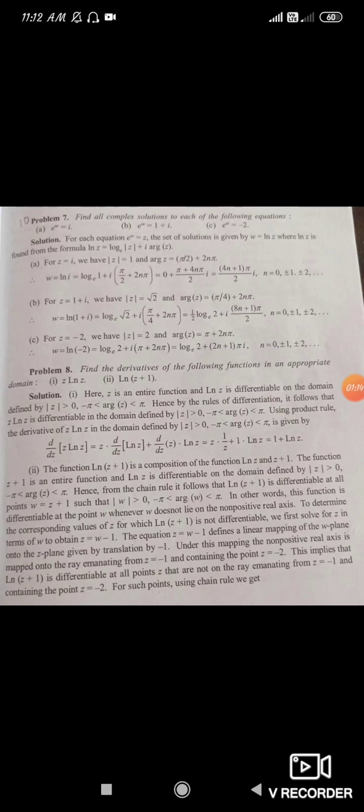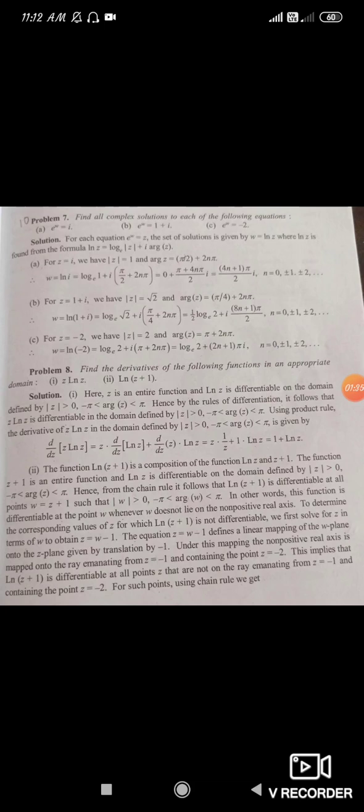Here z is equal to 1 plus i, so we'll get mod z equal to root 2 and argument z as pi by 4 plus 2n pi. Again, as we have done in the first question, we'll substitute these values into w equal to ln z.